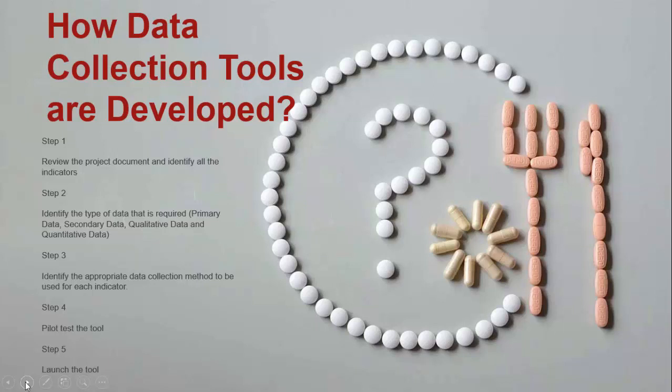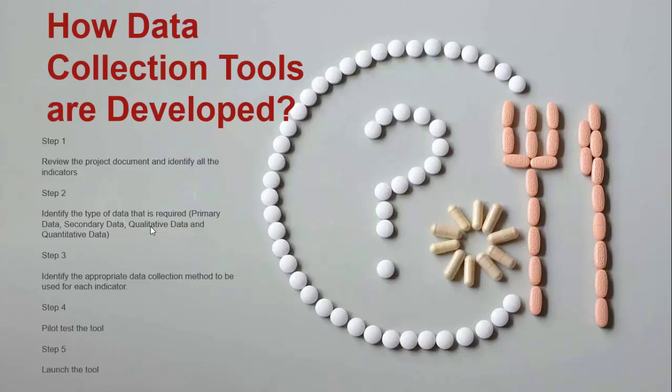Let's say for example, you've identified an indicator and it requires qualitative data. Now we all know that qualitative data is linked to attitudes and perceptions of people.